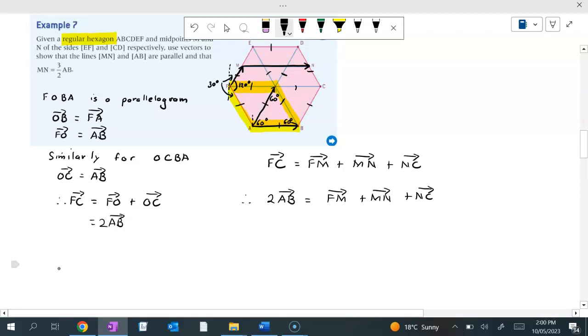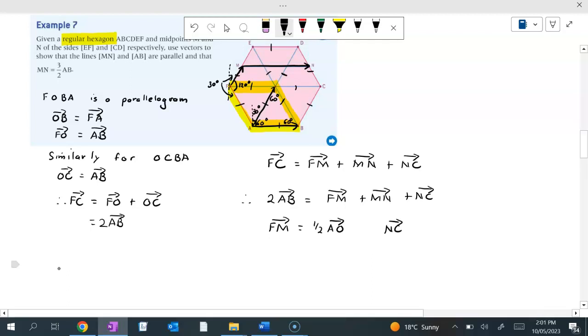And then if I draw a straight line up here, the vector AB is horizontal, so this vertical line is a right angle, and so then this angle here is 30 degrees, and so both vectors are going up at 30 degrees out to the right of the horizontal, and so they're in the same direction. And the length of FM is half the length of AO. So FM is equal to AO in the same direction, and one is a half of the other.